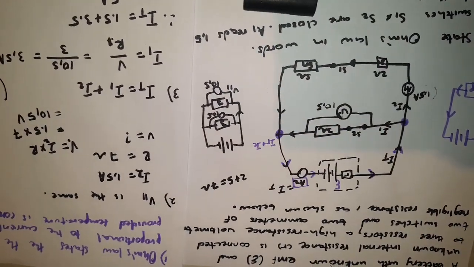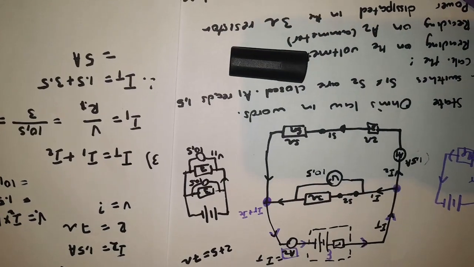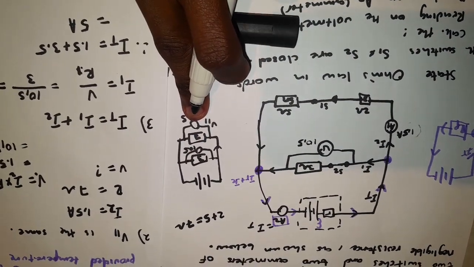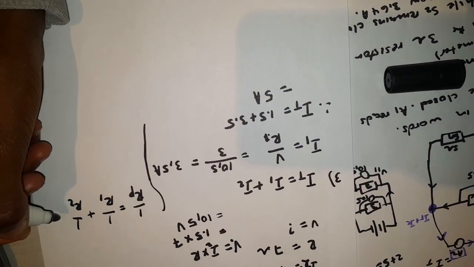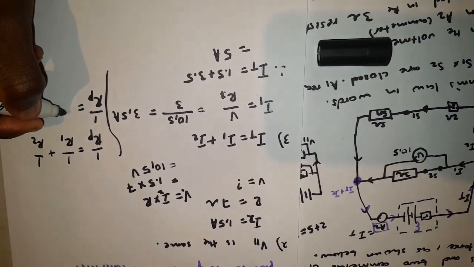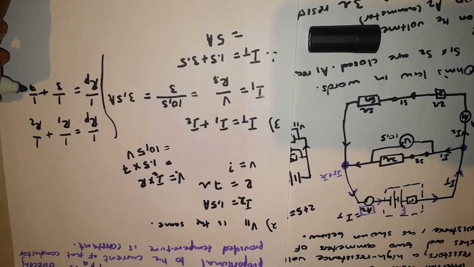Only in that case will we deal with them separately. But for now, we'll be using this one. So now R parallel: R1 is 3 plus R2, which is 7.